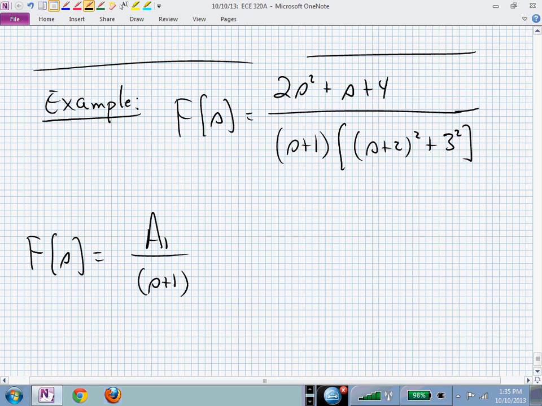That's the easy one. But now if I substituted into that square bracketed factor in the denominator minus 2 plus j3, do you see that that would vanish? And if you don't, go home and do this. And if you plugged in minus 2 minus j3, that's going to vanish also.